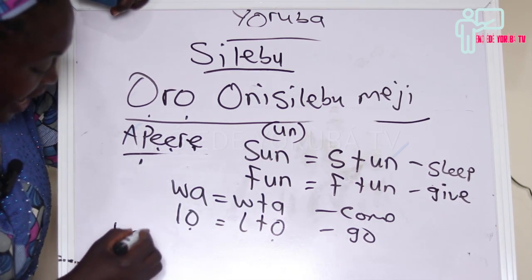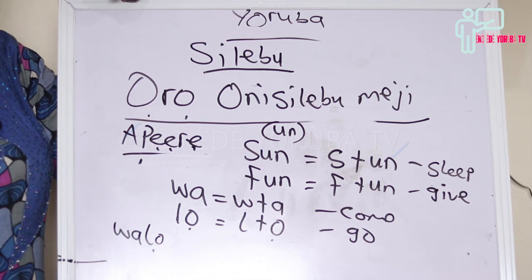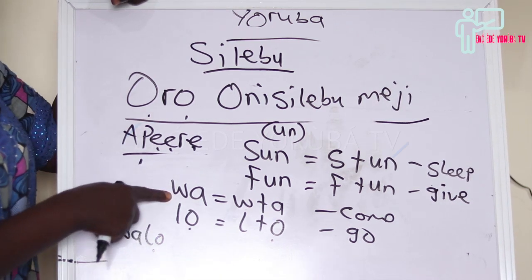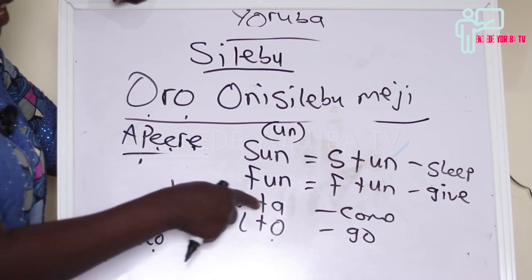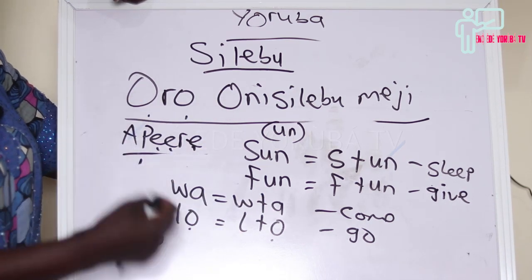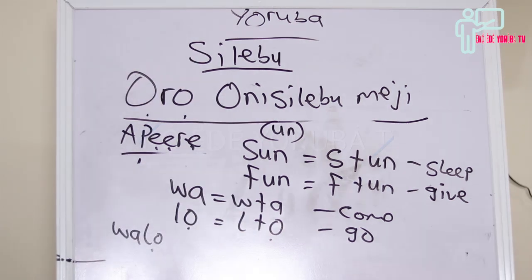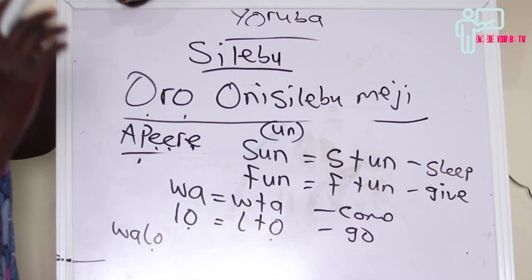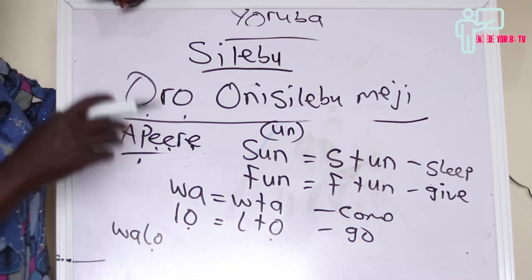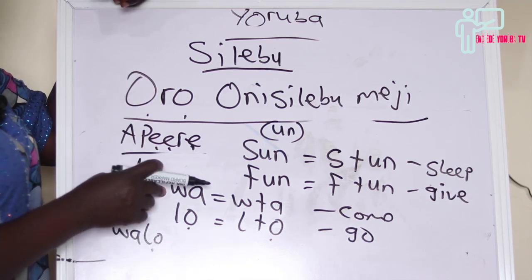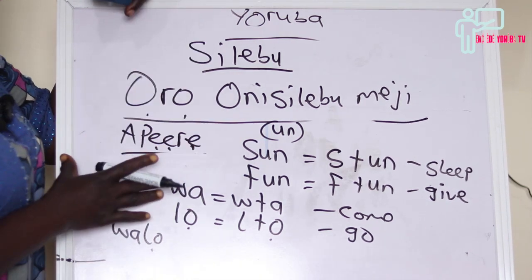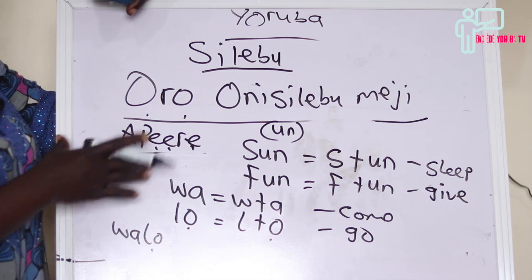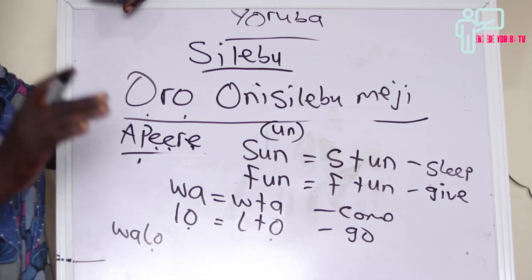Àwa di wa lọ, wa wí àti a wá, lí àti ọ wá lọ. So these are the syllable méjì.